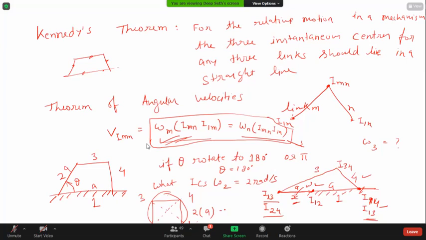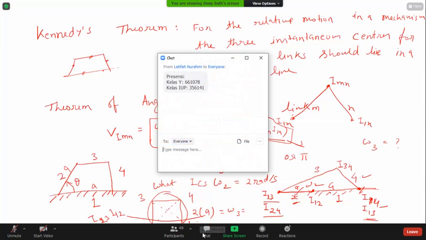That is A. And omega 3: when I'm saying omega 3, you have to take this link, which comes from I23 to I12. So I12 is here and I23 is here.